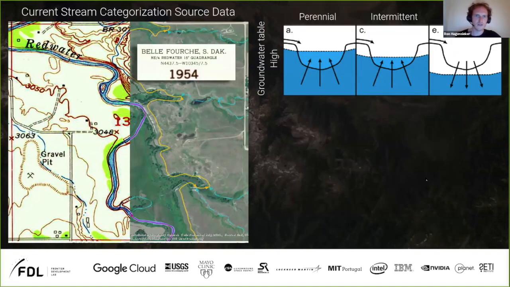From an ecological, sociological, economic, and regulatory standpoint, more information is needed on the time varying characteristics and categorization of streams in the network. You see here the different types: perennial, intermittent, and ephemeral, which are related to the groundwater and the surface water.